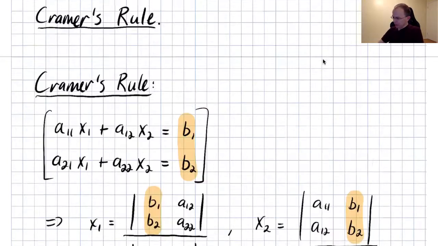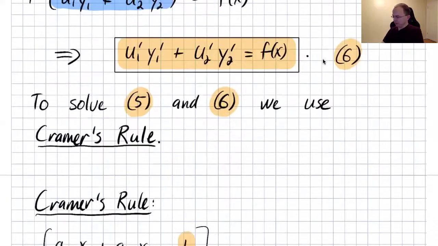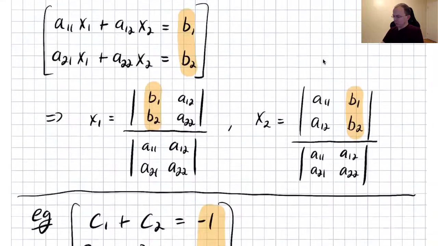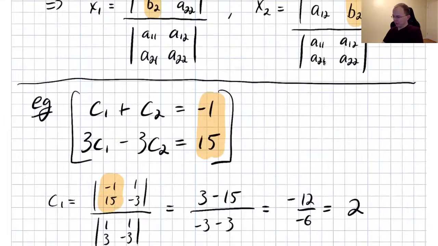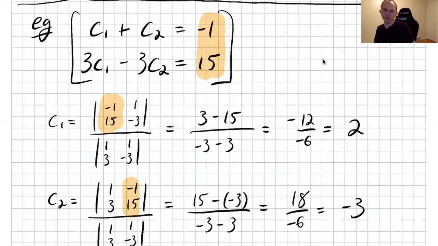Okay, so that's what we're going to use for solving 5 and 6. Right, I forgot I was going to do an example here. I think I grabbed this example from a previous lecture where we needed to solve this linear system in two variables, C1 and C2.